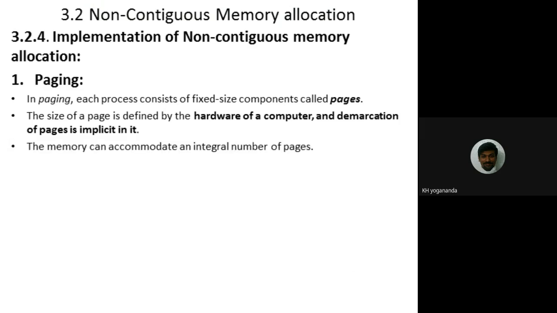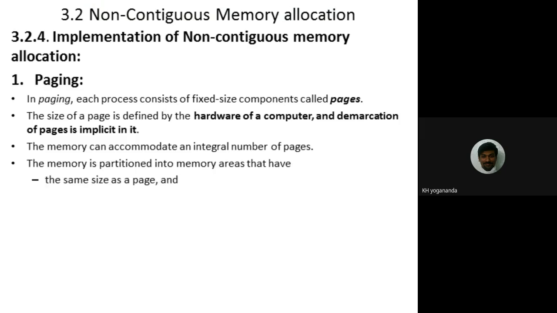The memory can accommodate an integral number of pages. The memory is partitioned into memory areas that have the same size as a page, and each of these memory areas is considered separately for allocation to a page. Please remember these two points. What is the meaning of pages? It is nothing but a fixed size component of a process.